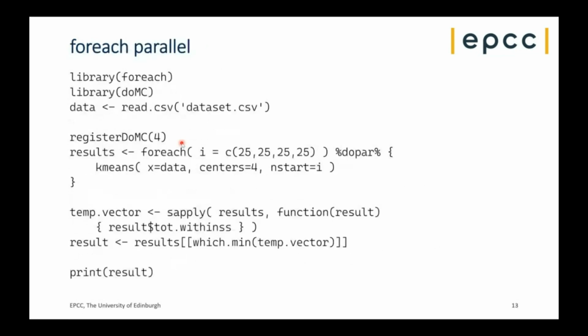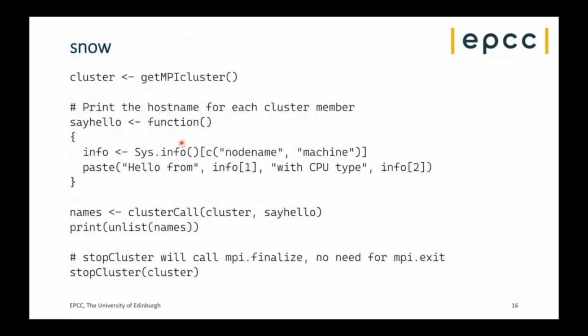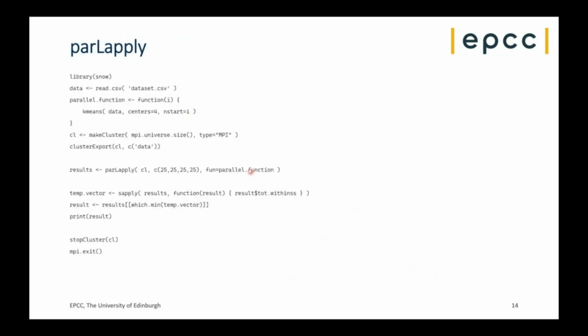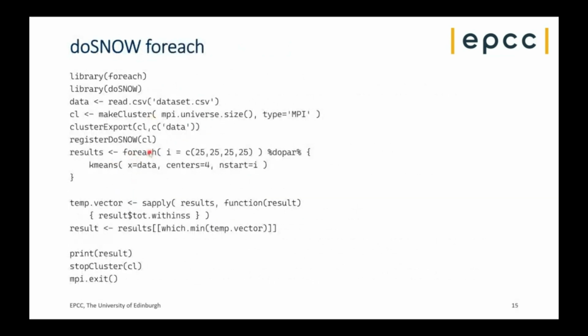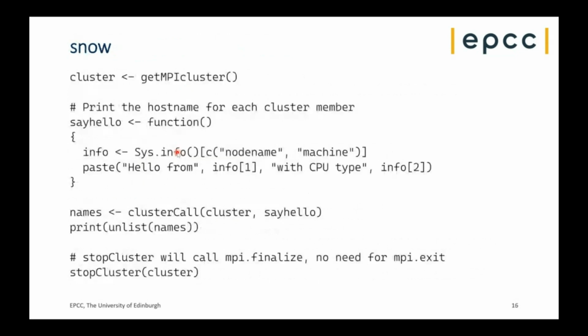Snow, the thing that we've already seen coming in here, which implements some of this stuff on top of MPI, the message passing distributed memory parallelization library, lets you also interface with MPI clusters, so we can actually run individual functions across a parallel cluster. In the previous examples, it was creating a cluster and then using a parallel R apply or foreach to do that parallelization automatically for you.